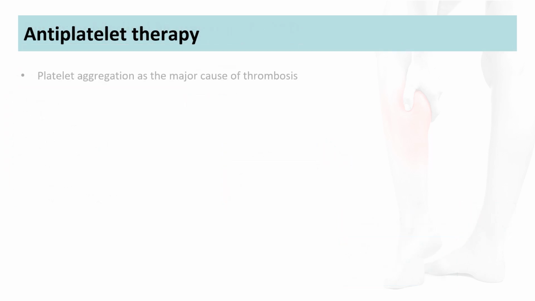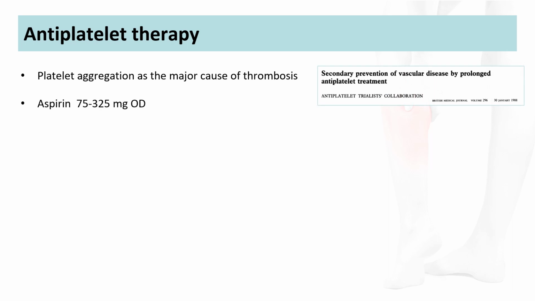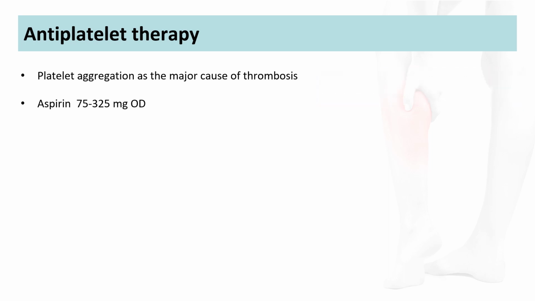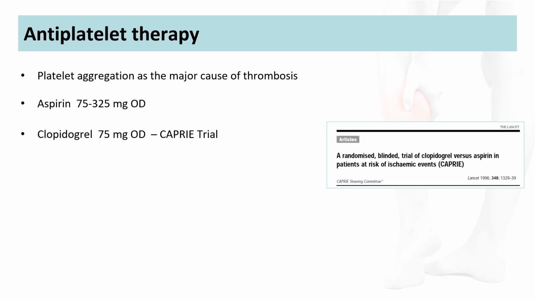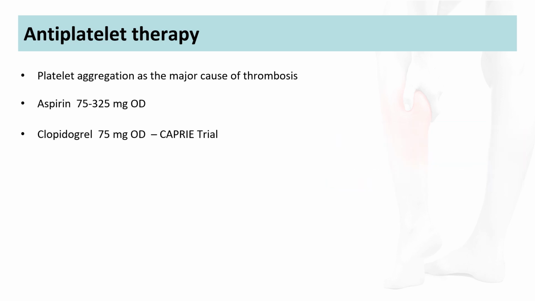Now, the understanding that thrombus formation starts with platelet activation was the reason why antiplatelets were being evaluated since the beginning. And aspirin is one drug that has stood the test of time as one of the most important drugs when it comes to antiplatelet therapy. Now, clopidogrel as an alternative was evaluated. However, though more effective in reducing thrombotic events, it was found to have slightly increased bleeding risk when compared to aspirin.